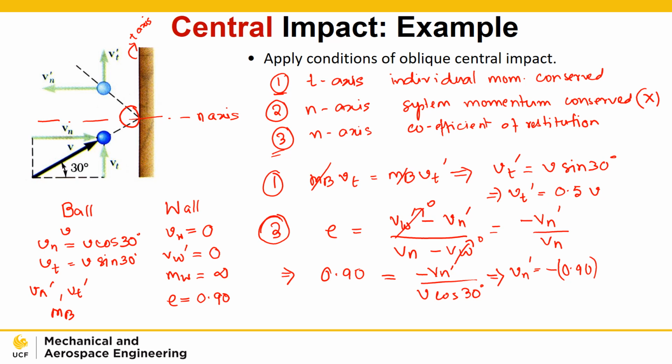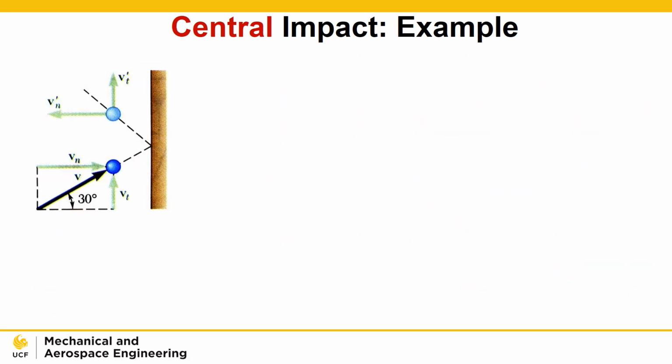Cos 30 is 0.866 times V. This is equal to negative 0.7794 V. Therefore, the magnitude of the final velocity of the ball V prime would be equal to the square root of Vn prime square plus Vt prime square.